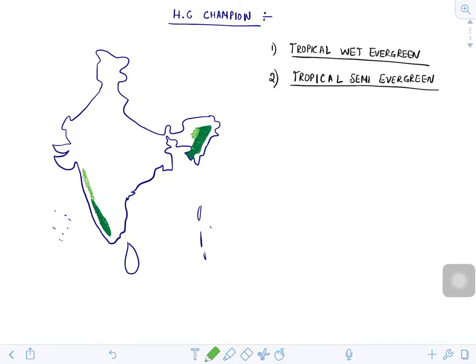Or you will find it in the Mahanadi coast, and you'll find it in Uttarakhand. These are the major areas where you'll find tropical semi-evergreen.